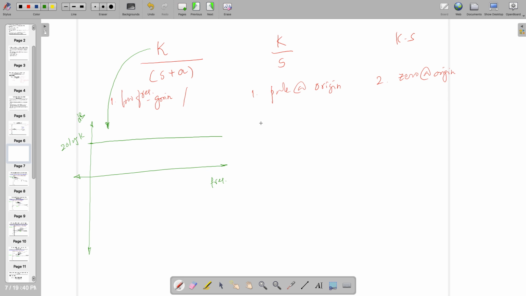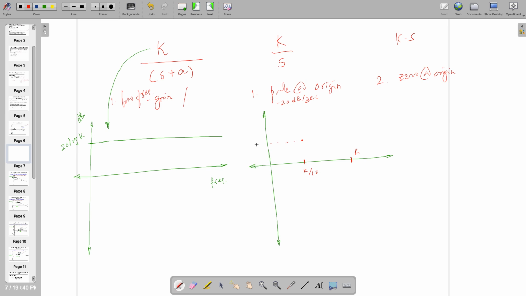Whereas in the case of pole, you should know that on x-axis you should go to the point called k, and as there is one pole it is going to give you minus 20 dB per decade. So you have to go back by 1 decade and go up by 20.